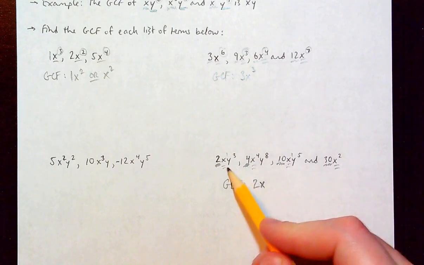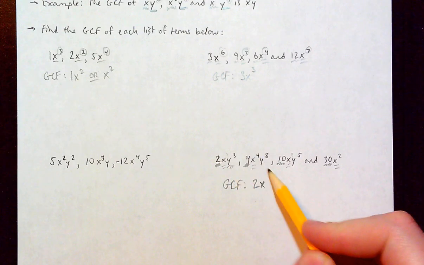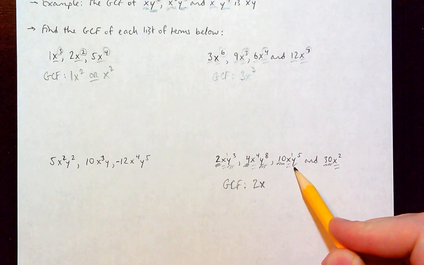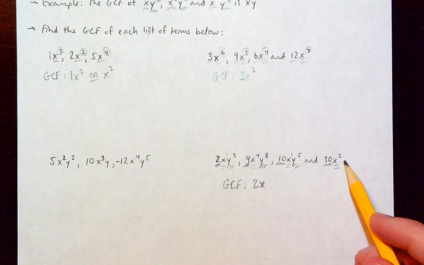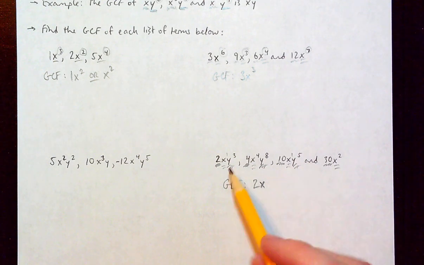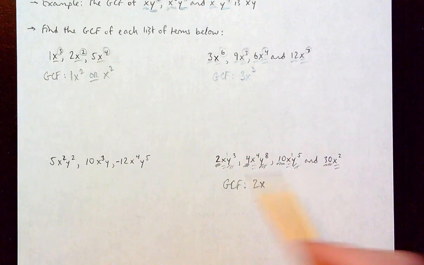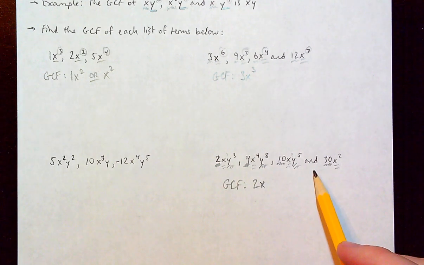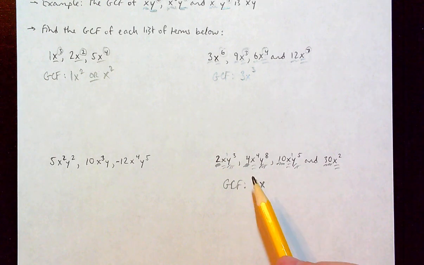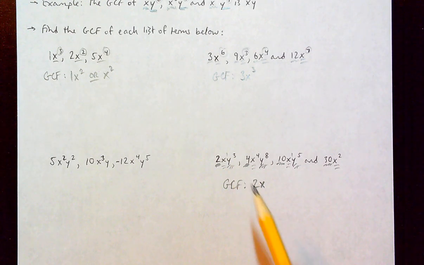Now, there's y's happening. Y cubed, y to the 8th, y to the 5th. Oh, but there's no y happening here. If the variable is not happening in all of the terms involved, then that variable is not going to appear in your GCF.